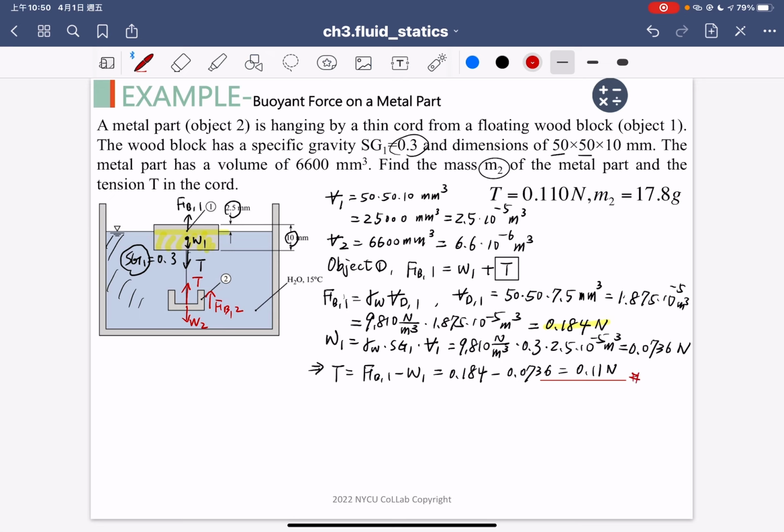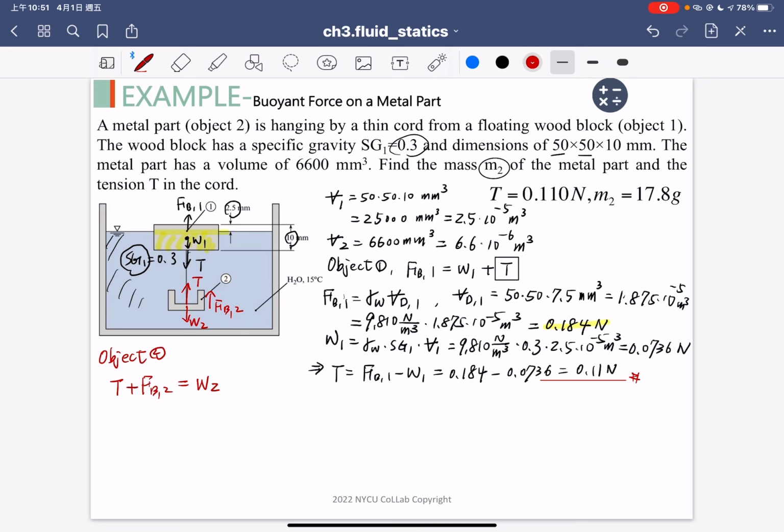Okay, and the second, we move to the aperture 2. The aperture 2, the force balance is T plus FB2 equal to the total weight W2.